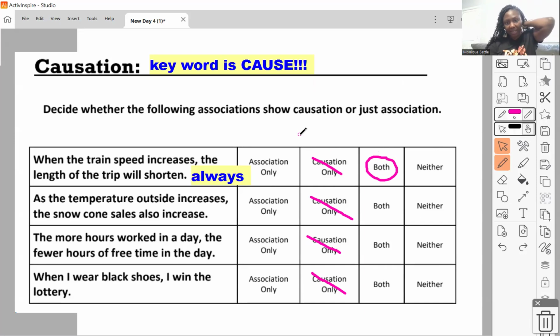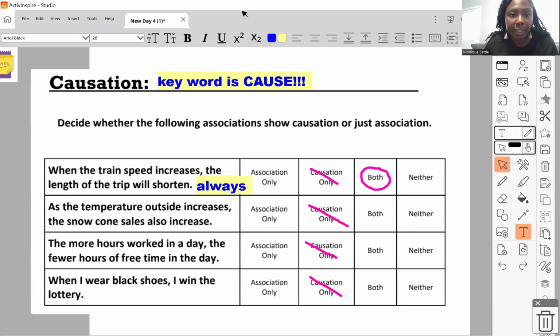All right, let's do another example. If you're kind of confused, please work with me because the more examples you see, the easier it will get, okay? The next one says, as the temperature outside increases, the snow cone sales also increase. Let's think about that. So the temperature outside is increasing.